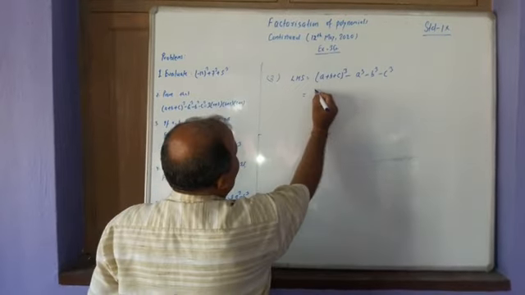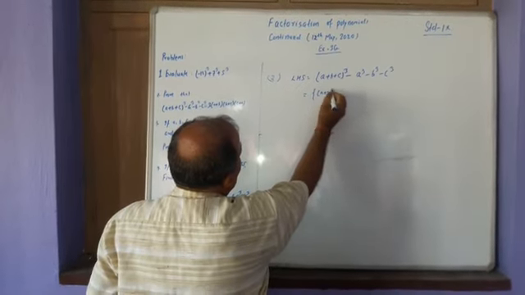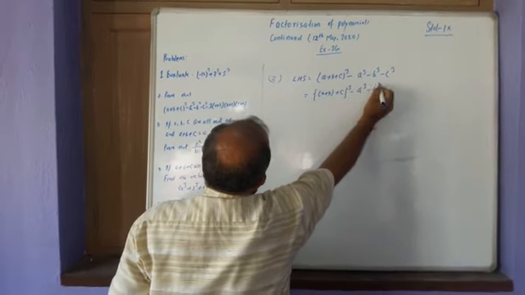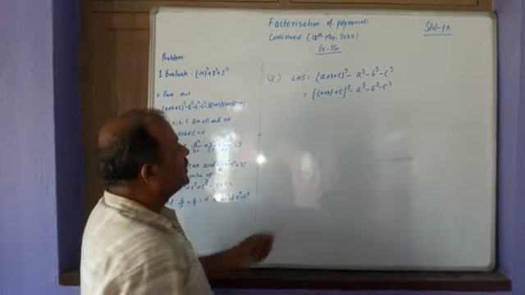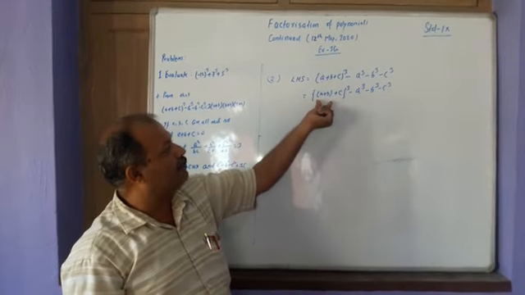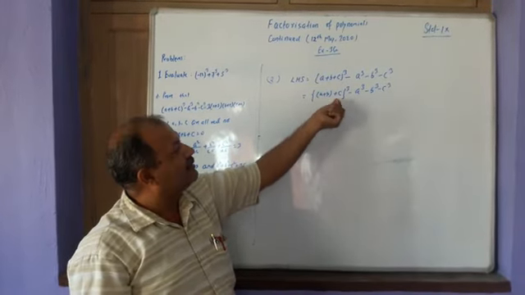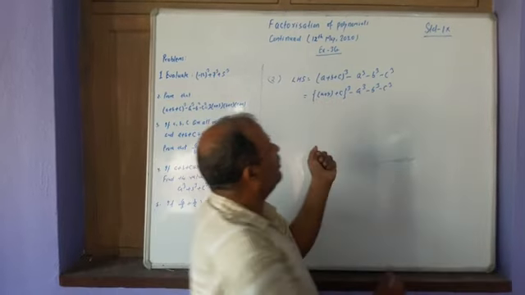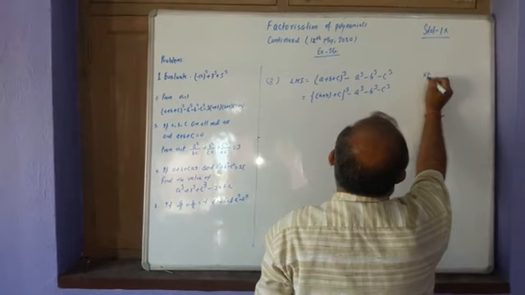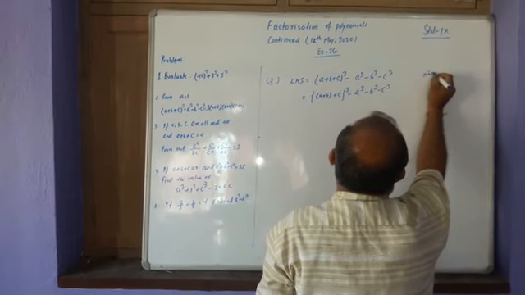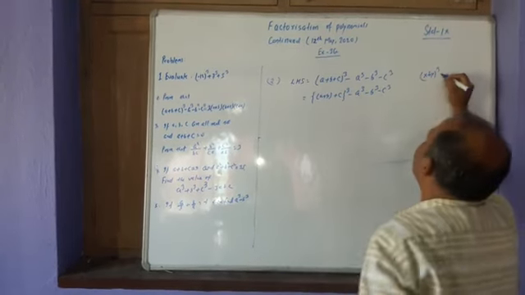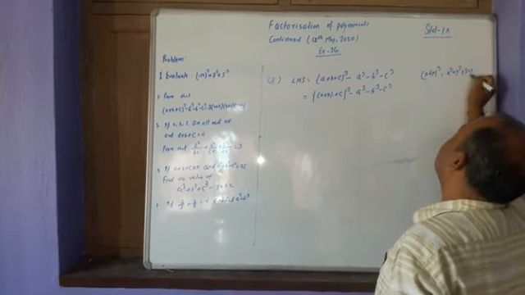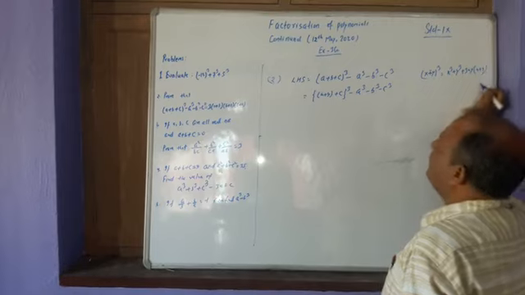We have to suppose it is a plus b and c whole cube minus a cube minus b cube minus c cube. Here we will take a plus b as x and c as y, and then it will be expanded by the formula x plus y whole cube. It will give x cube plus y cube plus 3xy into x plus y.